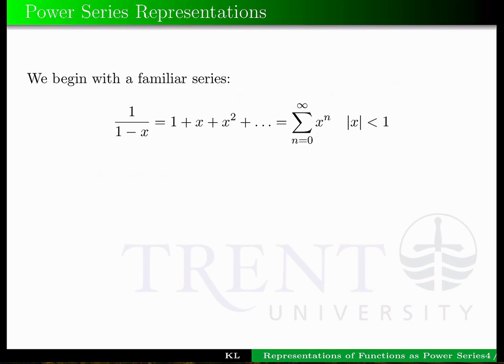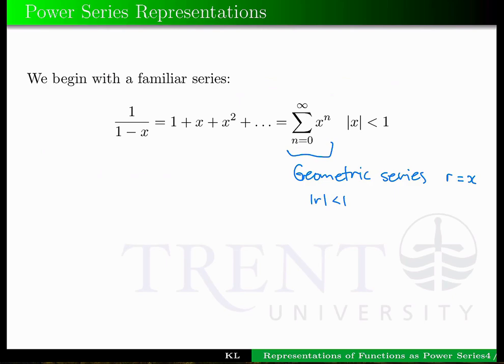Why? Take note, this is a geometric series. Basically, this is a geometric series. And for the geometric series, say if r equals x here, you want the absolute value of r to be less than 1. That's what we see here.